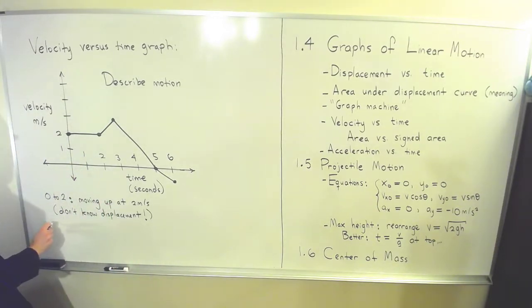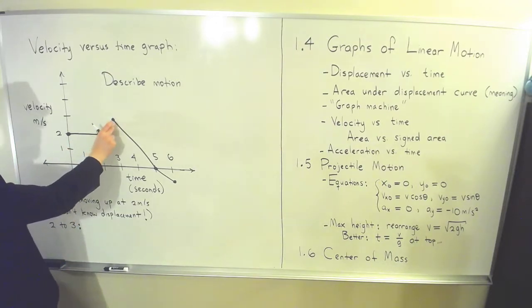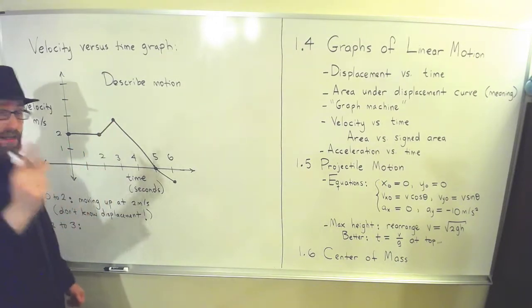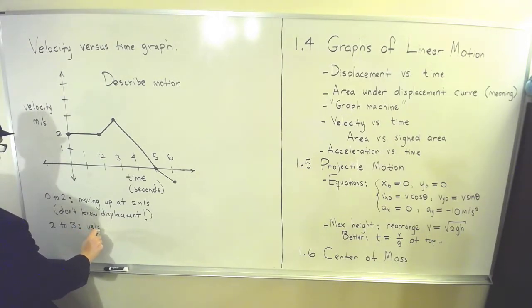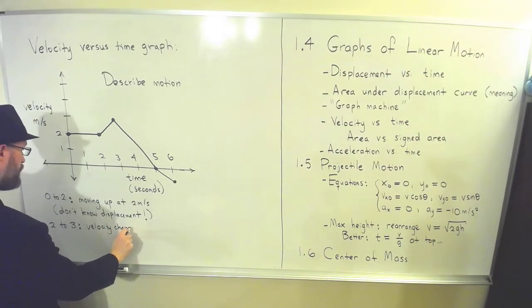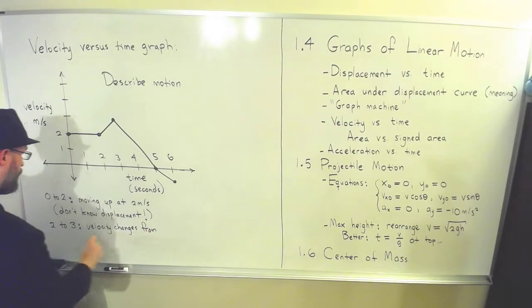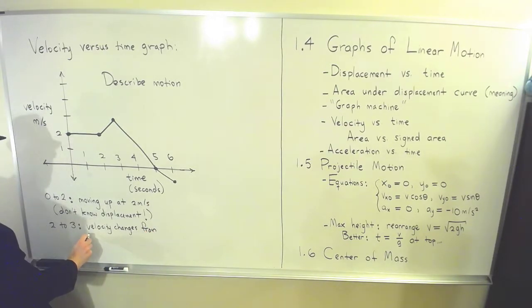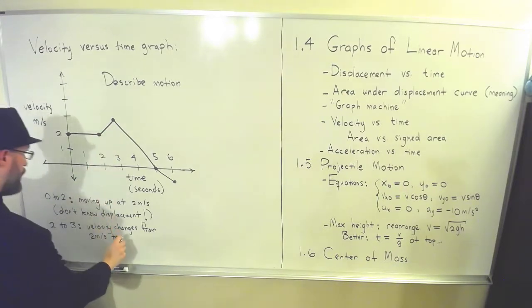Now, from 2 to 3, notice that the velocity is changing. So velocity changing, that means acceleration. So this velocity changes from 2 meters per second to 3 meters per second.